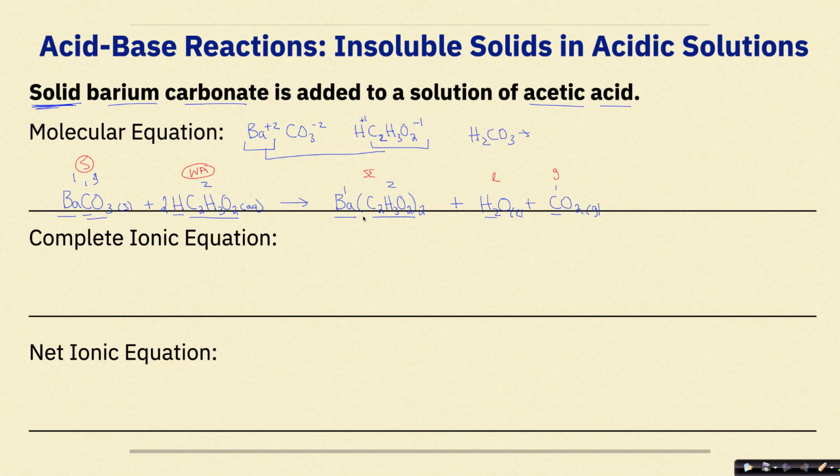All right, let's talk about writing our complete ionic equation here. So BaCO3 is a solid. That's not going to break down. Plus 2HC2H3O2. This is aqueous, but it is a weak acid.